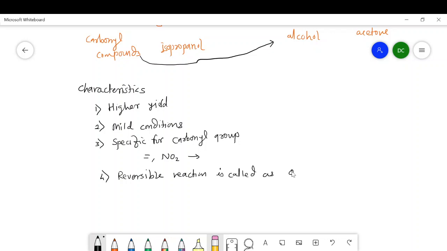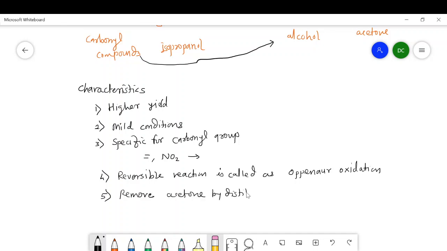It is a characteristic of MPV reduction reaction. And the fifth characteristic or advantage: to carry forward the reaction from the left hand side to the right hand side, we must remove acetone by distillation.